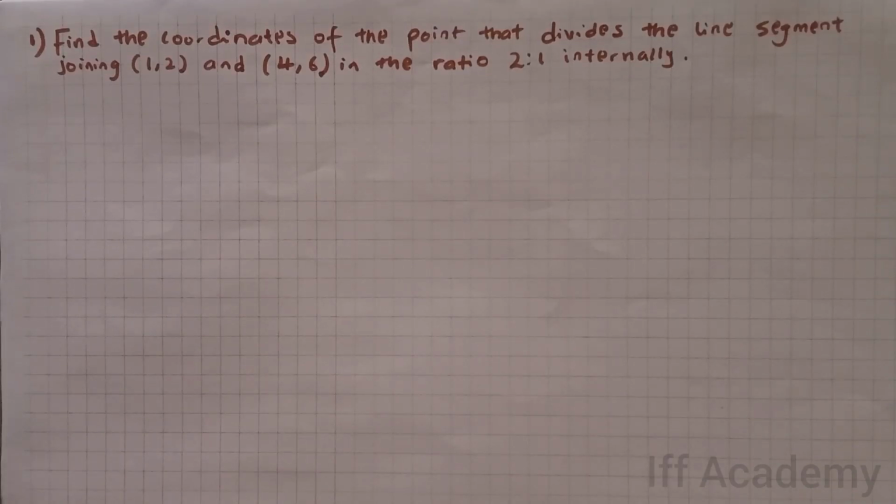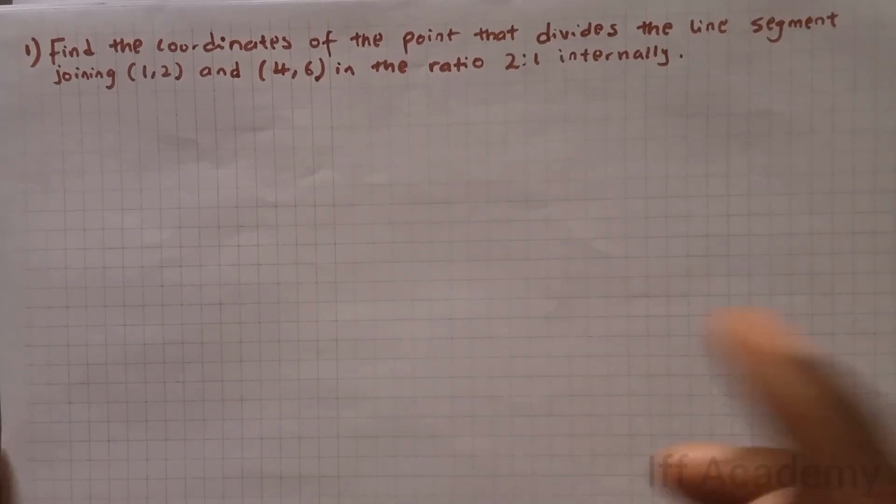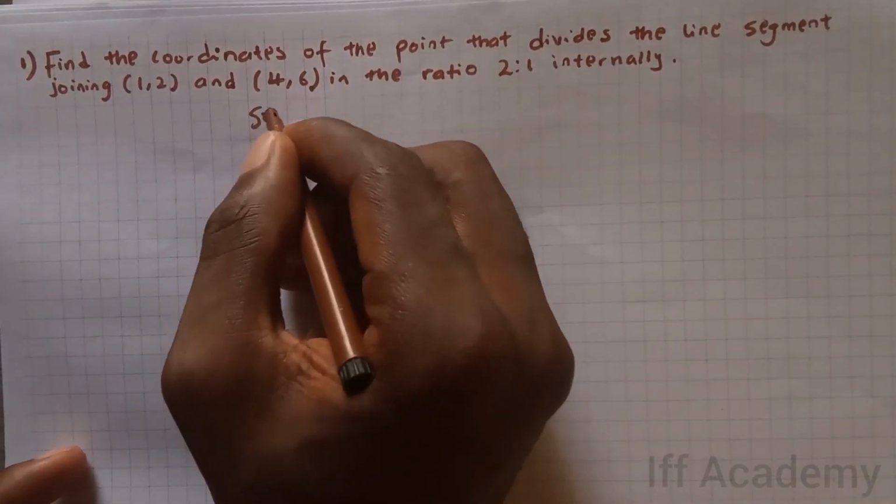Example 1. Find the coordinates of the point that divides the line segment joining (1, 2) and (4, 6) in the ratio 2:1 internally. So let's see how we can solve this question. Solution.